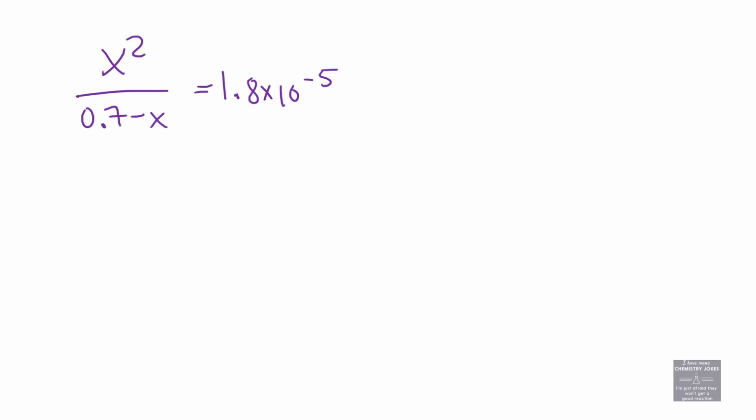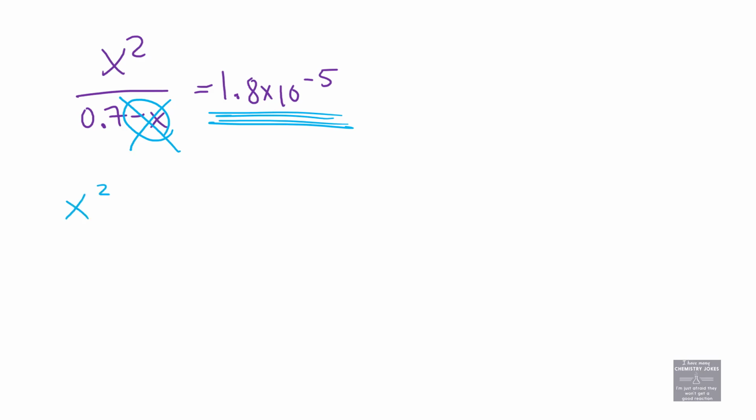And then I do all my solving and have to do the quadratic equation? Question mark? No quadratic equation is required because K is small. I can assume X is small, so I can completely ignore the X that's being subtracted from my 0.7, because if X is small and you subtract a very tiny number from 0.7, it's still going to round off to be 0.7.